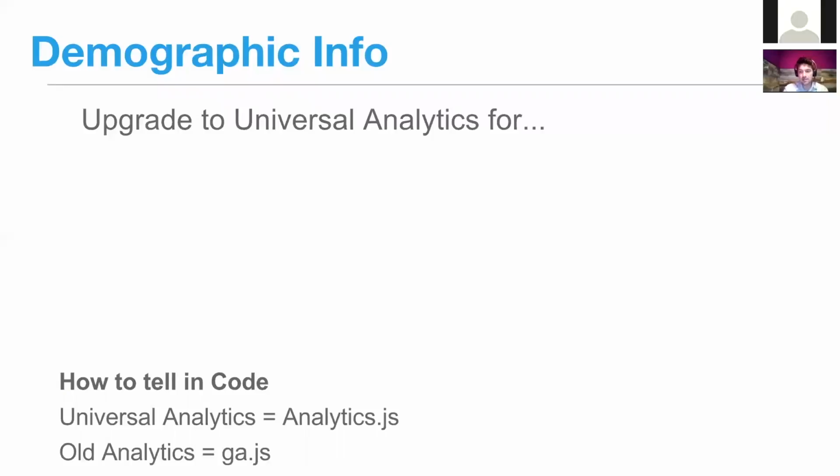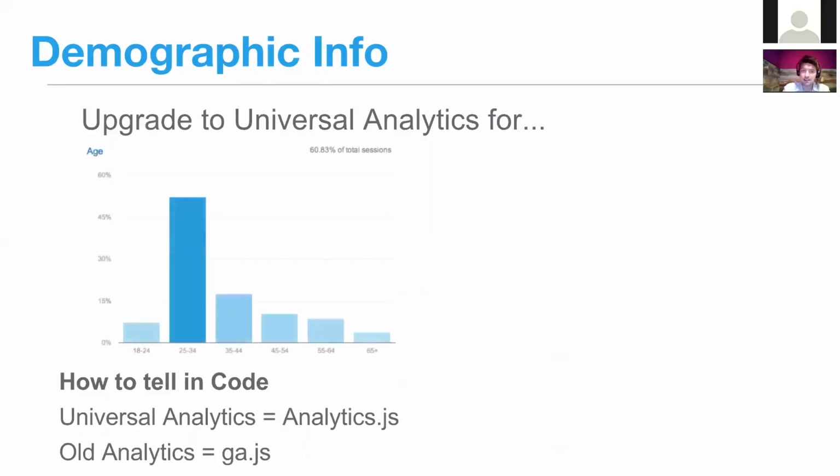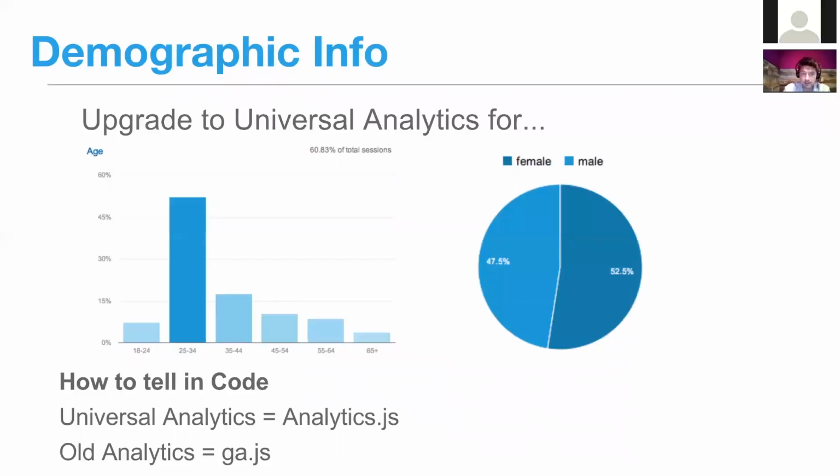Demographic information, just to make sure you understand, you have to upgrade to Universal Analytics, a change that happened a couple of years back. Old analytics still works, but you're not going to get this demographic information, the breakdown of the ages we were showing you, the male-female distribution. How to tell if it's in the code? Very simply, if you're running off of the analytics.js library, that's Universal.